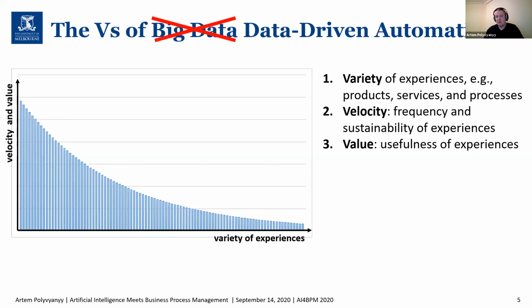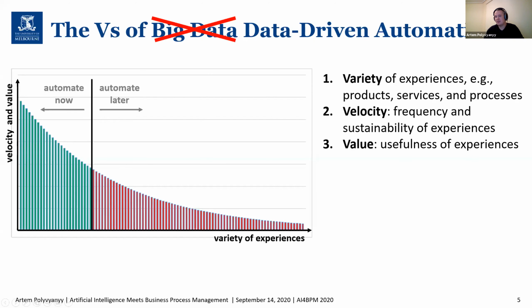And of course, we will want to automate those that are more frequent and more valuable. So we can think of such a concept as a threshold at which we make a split of these experiences into those that are frequent and valuable, and we want to automate. We feel a pressing need to automate them now, and those for which we may postpone the automation.